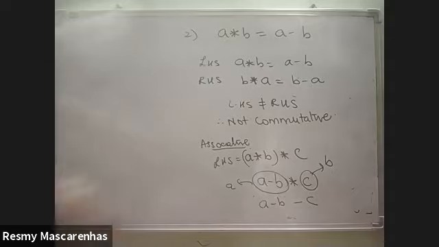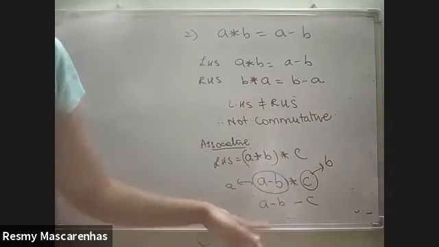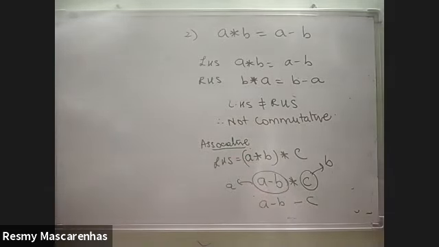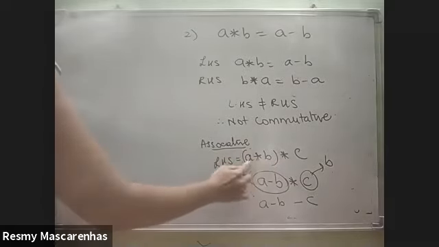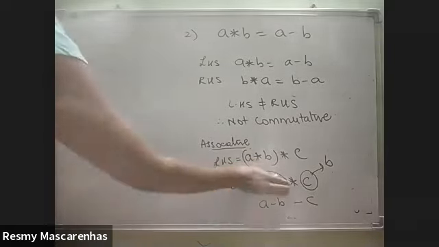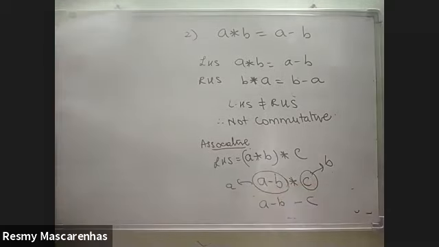I always used to study it as first term and second term, because these letters make everything confusing. That's why. So first star second term is first minus second. Okay, so let's try the right hand side.